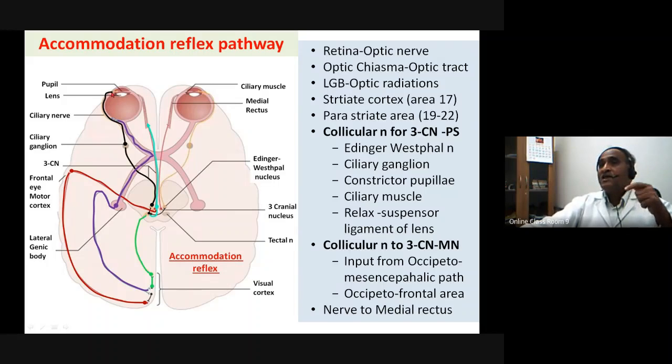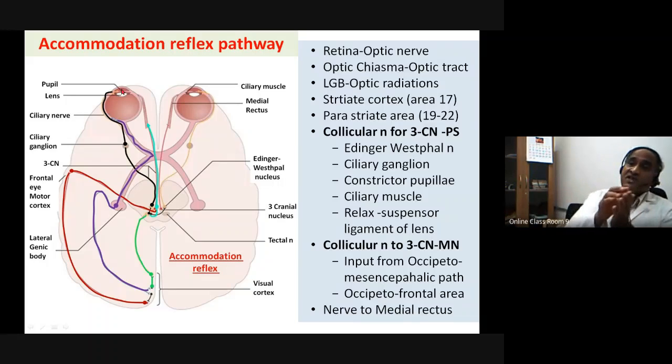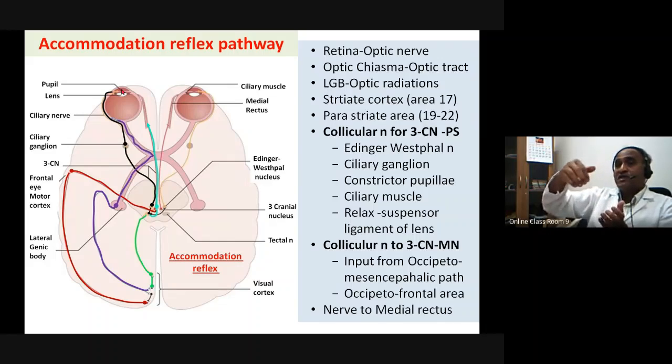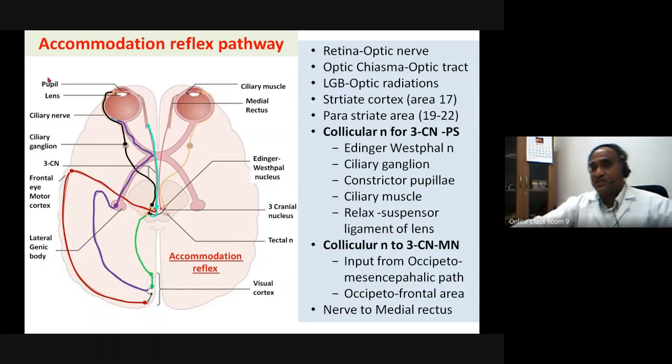So the tension on the suspensory ligament of the lens is decreased. Once the tension is decreased, the lens bulges out. Usually the lens is flattened, and when it is released, it becomes bulged, so convexity increases.